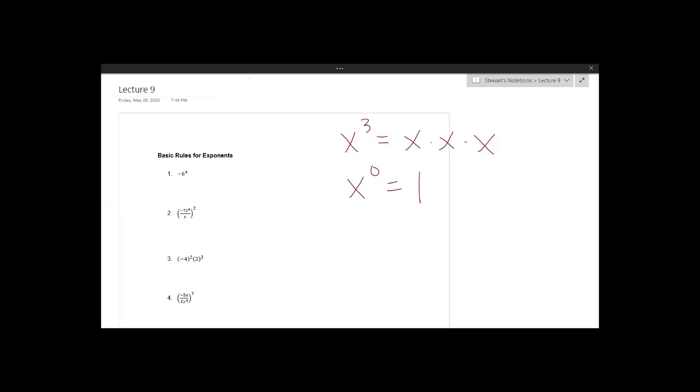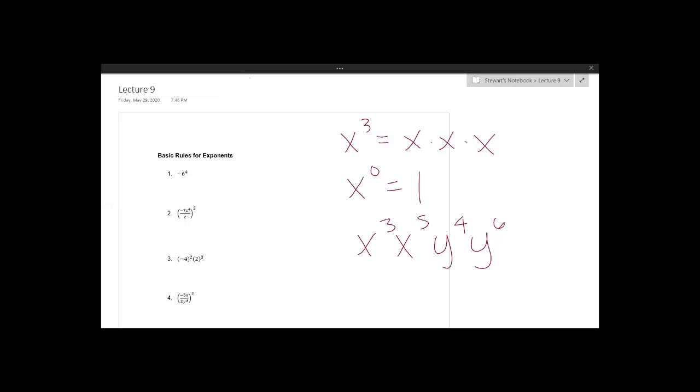And then when you're multiplying two of the same variable together with different exponents, you add the exponents together. So say you had x cubed times x to the 5th, y to the 4th times y to the 6th, and you wanted to simplify or combine those terms.